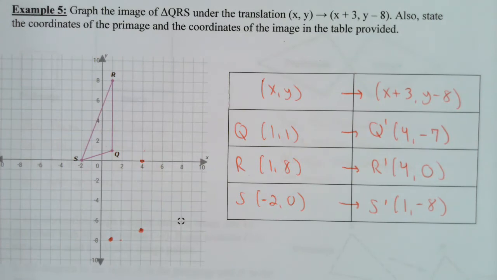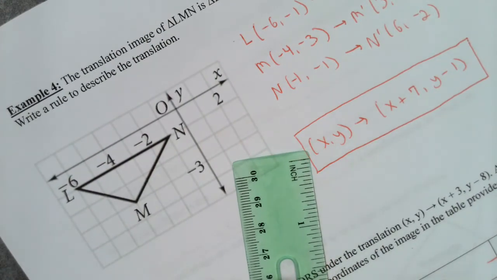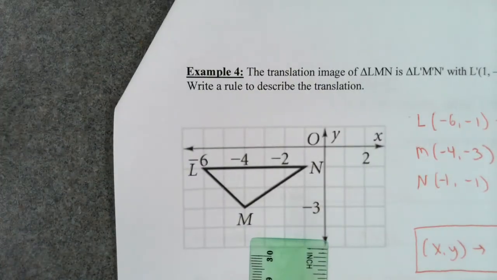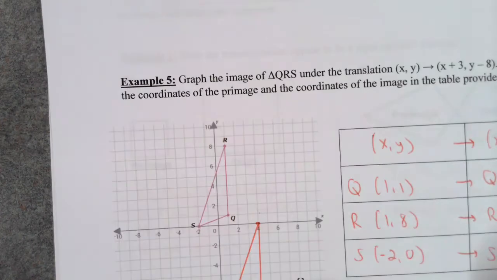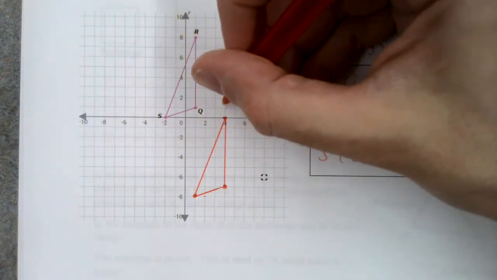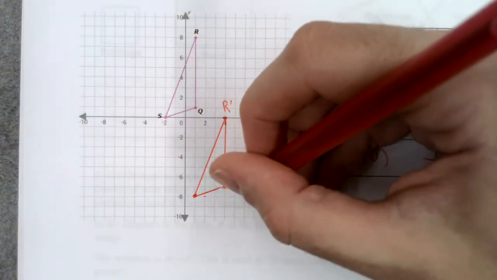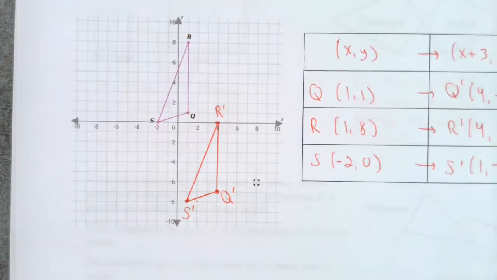If I can get my ruler out. There you go. And after we connect them, we're going to label it. Let's label our vertices, and don't forget to put the prime symbol. So we got R prime right there, Q prime right there, and S prime right there.